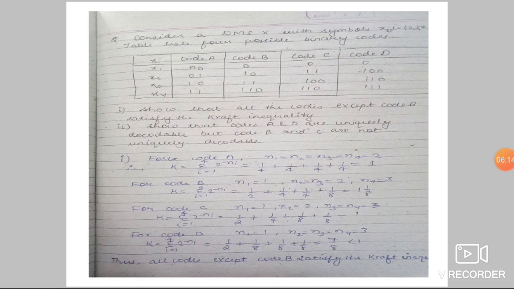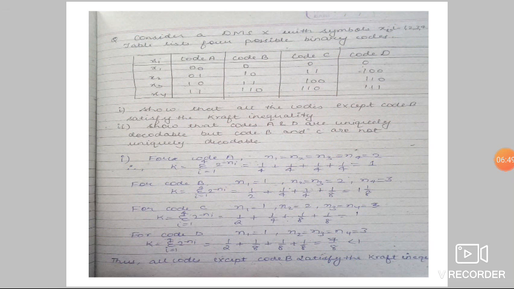For code A, it has 00, 01, 10, 11. So n1 equals n2 equals n3 equals n4 equals 2, because x1, x2, x3, x4 all have a code length of 2. The formula for Kraft's inequality is summation i equals 1 to 4 of 2 raised to the power minus ni. So we will get 1 by 4 plus 1 by 4 plus 1 by 4 plus 1 by 4 equals 1.